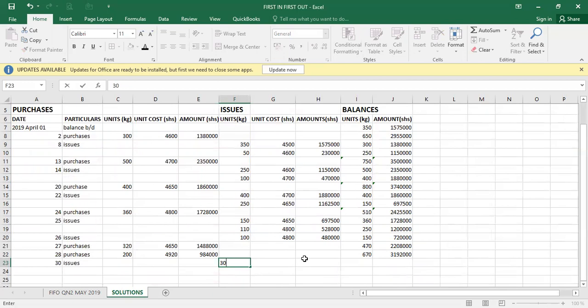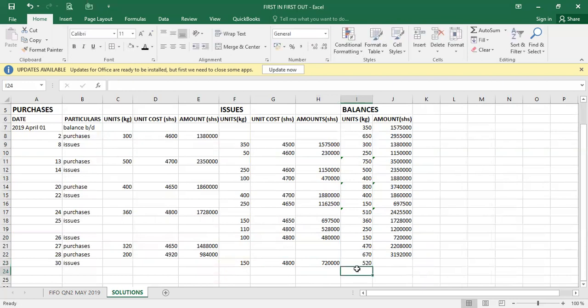So we are going to first issue out that 150 at a cost of this, the 4,800, and we make sure we have cost, this times this. Then we adjust also our stock. It will be this minus this.